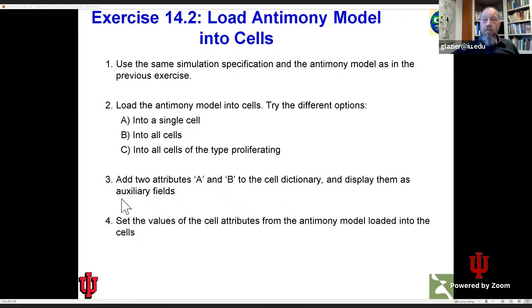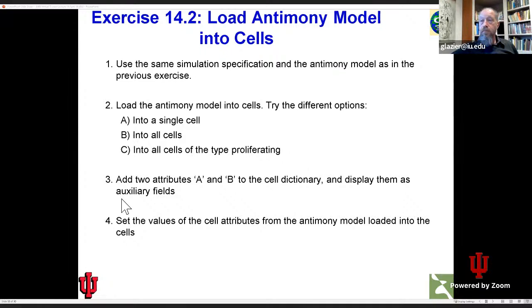I would just load the model into all of the cells. But I do want you to add 2 tracking fields. And remember that to do that, we'll have to create a dictionary entry in which you're going to move the value from the field, from the subcellular model into the dictionary entry.